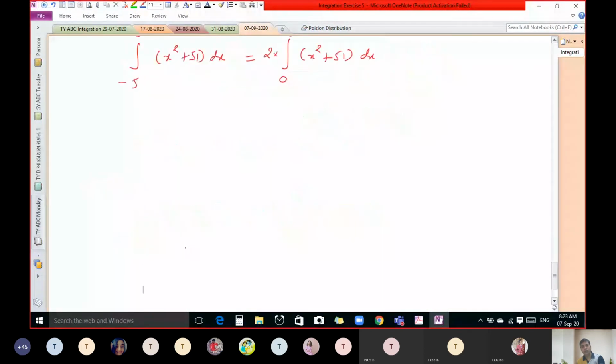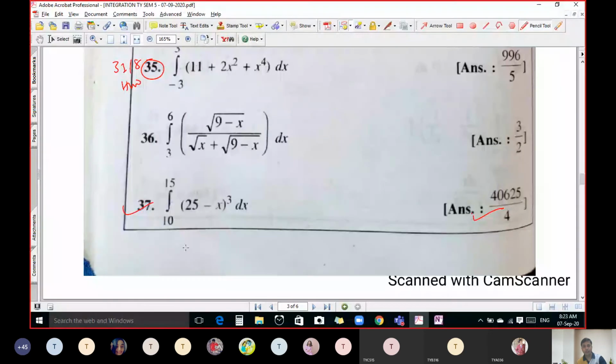Now depending on this property, there are 3 examples. Let us start example number 36. Now if you have any problem in any of the properties, or if you have any question, you can ask. Actually you have to learn this, but still if you want any clarification regarding any of the results, you can ask.